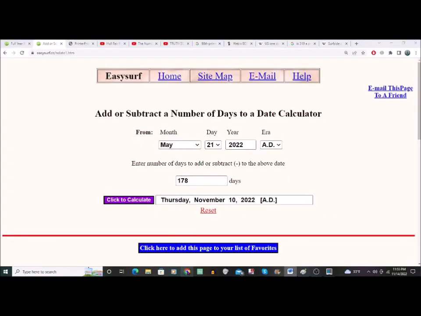So when we put that in, click to calculate, that gets us to the 15th. That's our 15th, which again, super interesting. And if we do 181, which is our 11/8 or 18 reference, that takes us to the 18th of November. So again, pretty interesting.